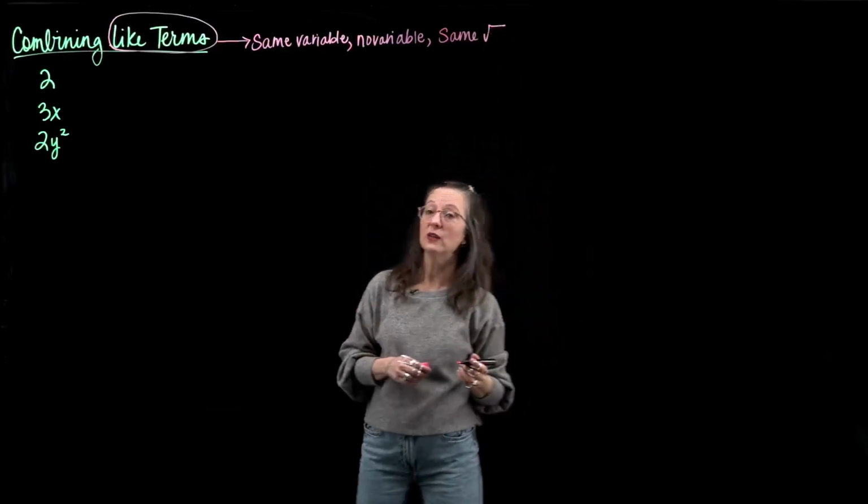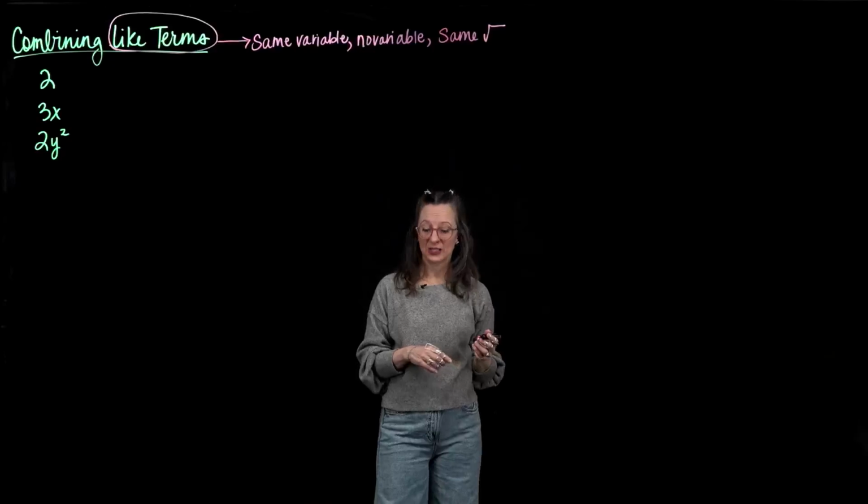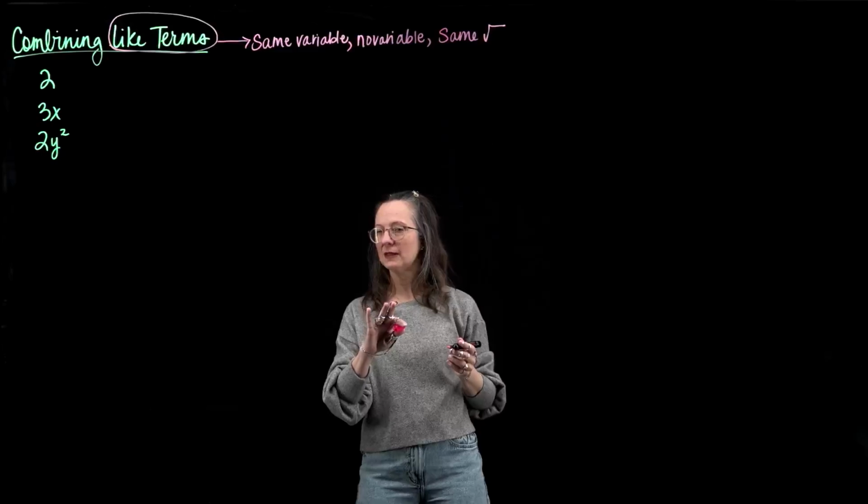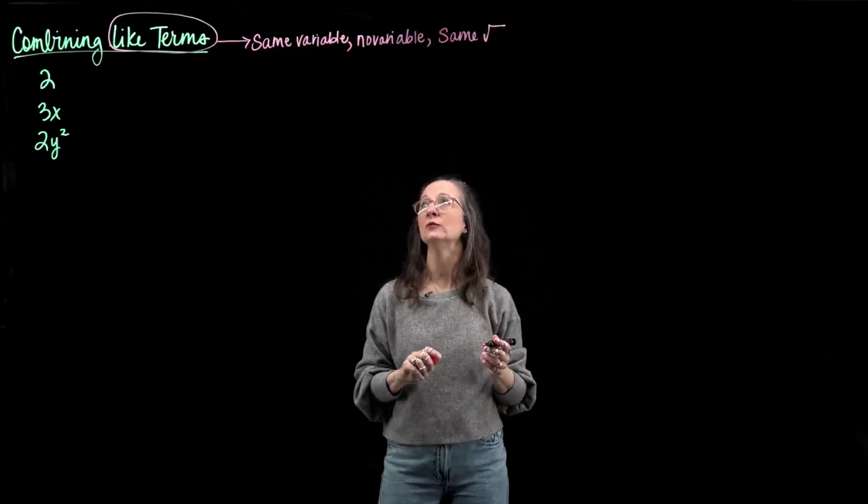And then later on in the course, you'll run into situations that involve the letter i. We're not going to talk about that right now. We'll come back to it later.